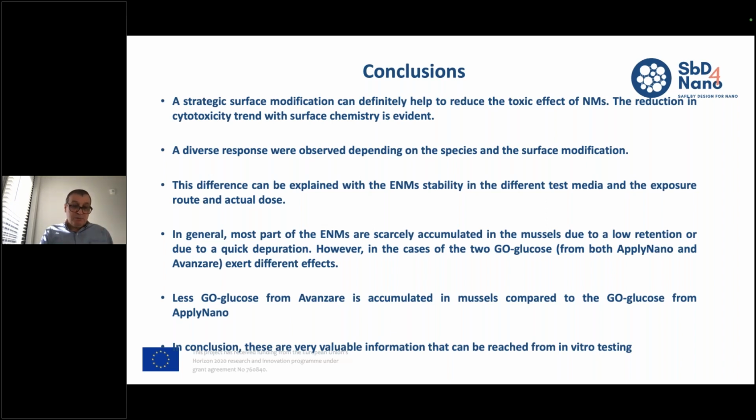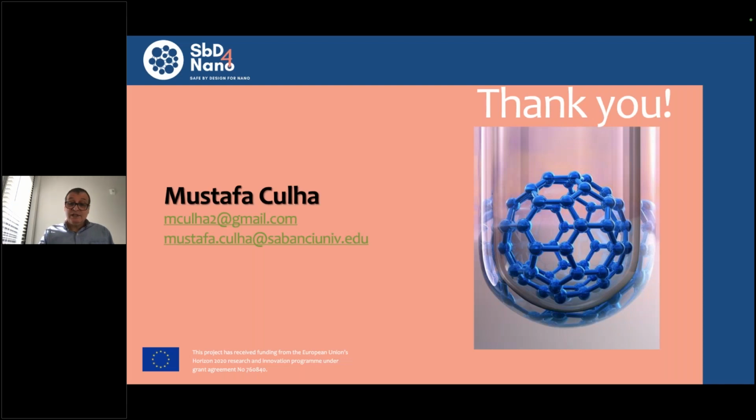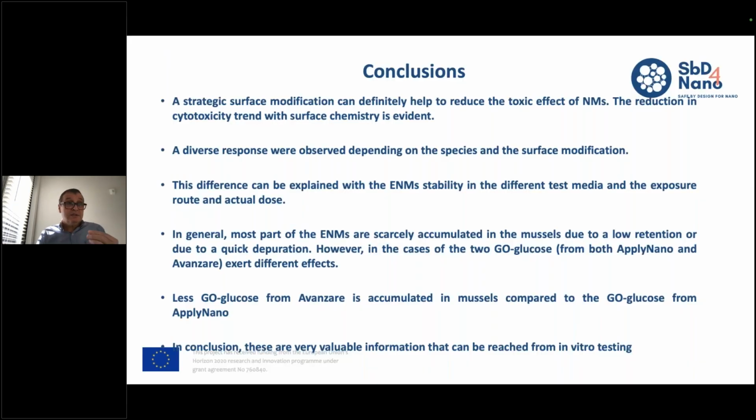For example, in this project, work package 3 is concerned with generating data from these testings and surface modifications and testing, and also literature data. Okay, in conclusion, I think I'm almost done here, it shows that surface chemistry is an important parameter to understand how these materials behave.